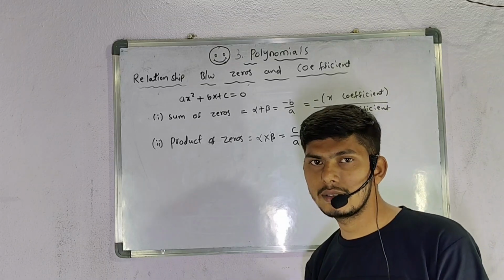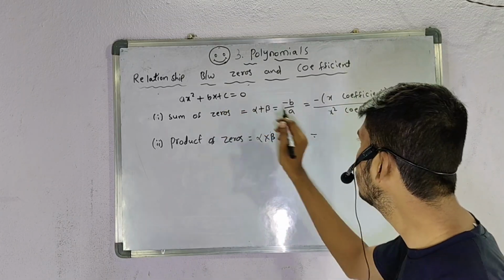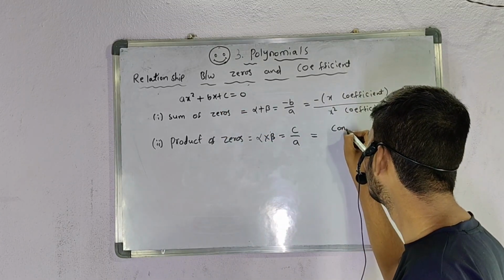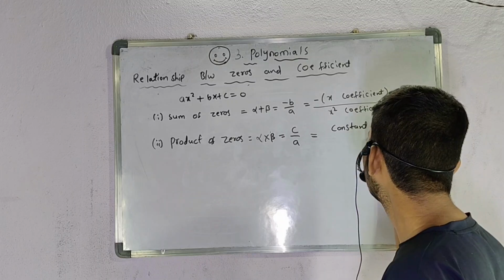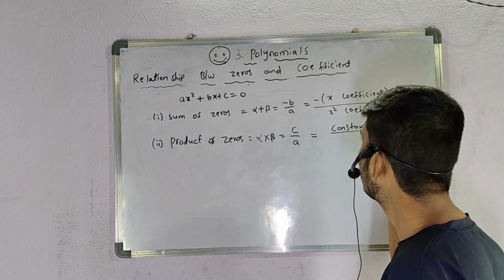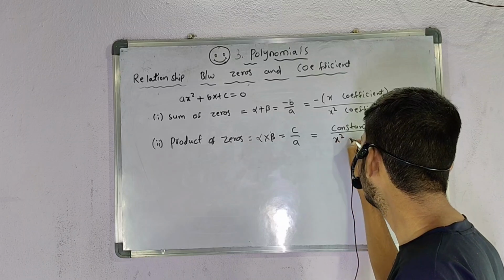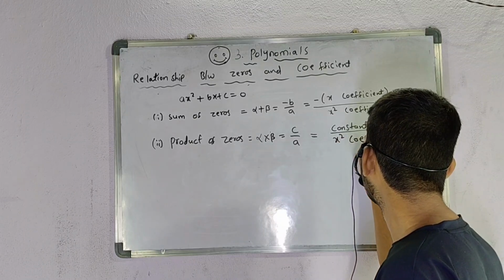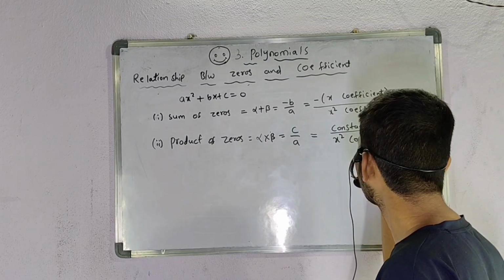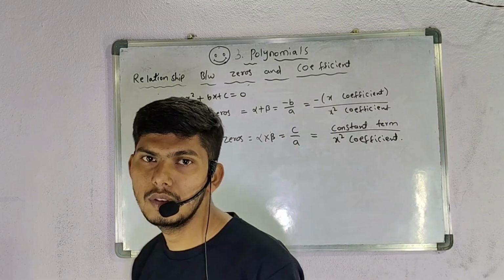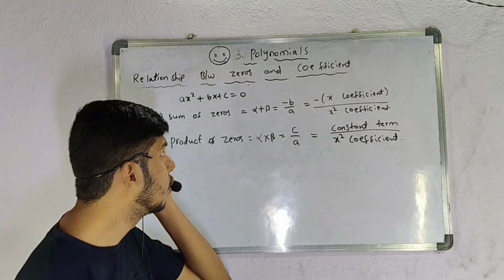Here c is the constant term, and a is the x square coefficient.